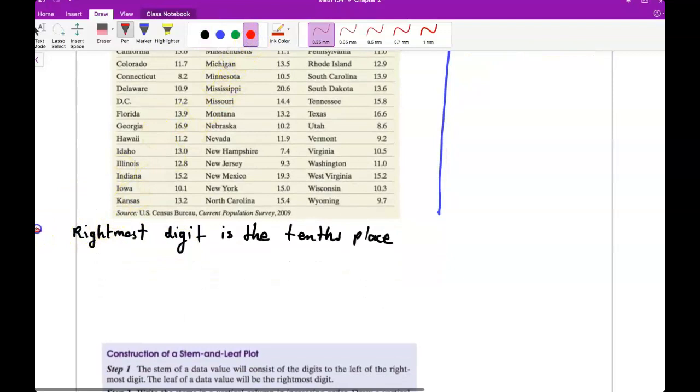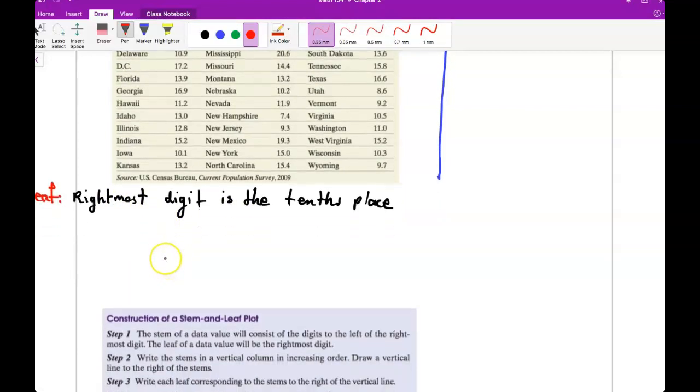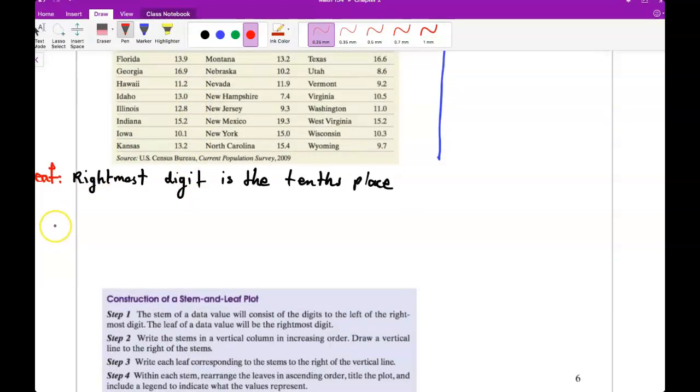So these are on the left, and for the stem, those numbers that we have to the left of the rightmost digits.